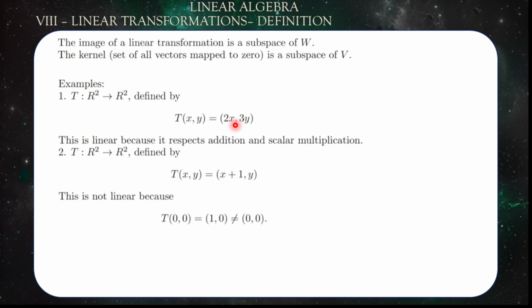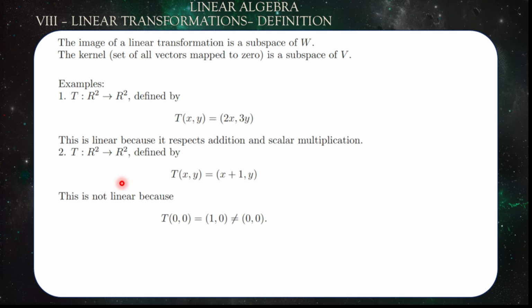For x1, x2, y1, y2 equal to 0, this will always send you to 0 as well. For both scalar multiplication and addition, it is closed. Why? Because for x and y equal to 0, the scalar multiplication gives you 0. For x1, y1, x2, y2 equal to 0, if you replace x by x1 plus x2 and y by y1 plus y2, this always sends you to 0.